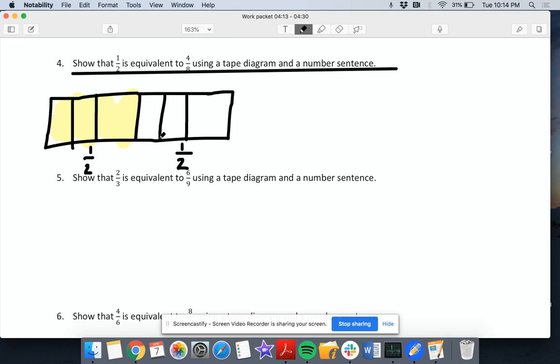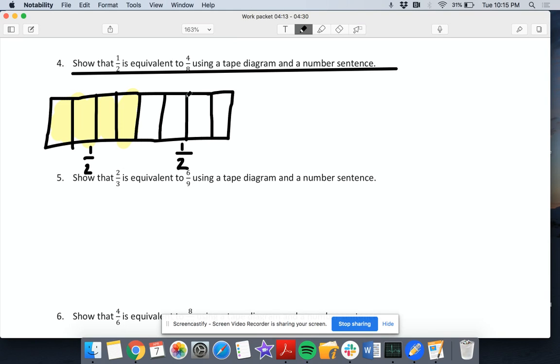Am I at 8 yet? 1, 2, 3, 4, 5, 6. No. What happens if I add one more line into each original box? Be sure about that, math stars, that you're only adding lines to the original boxes. Okay, let's try now. 1, 2, 3, 4, 5, 6, 7, 8.